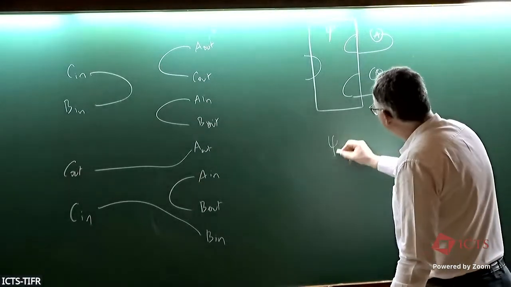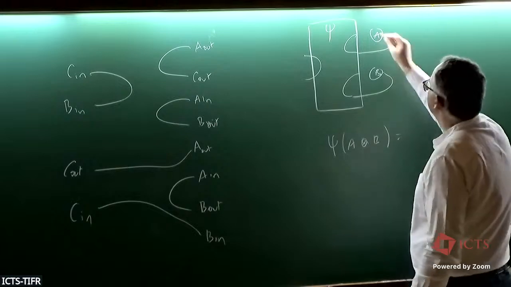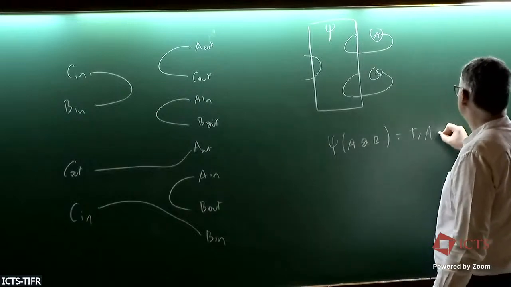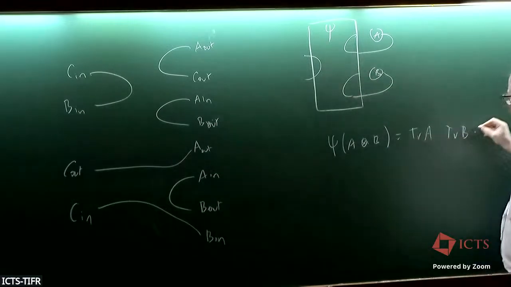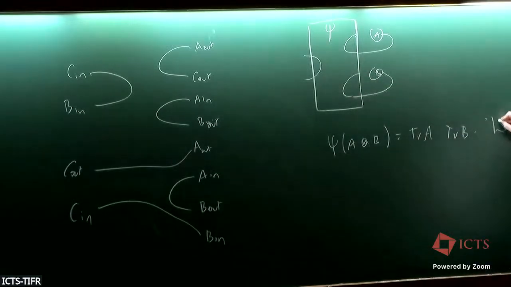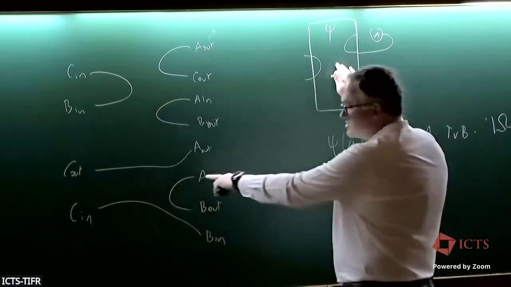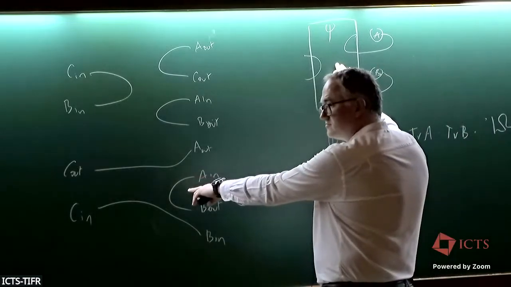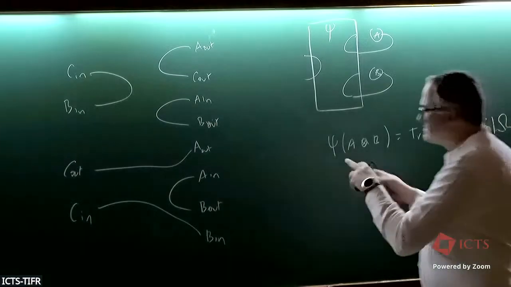So psi of A and B will be trace of A, trace of B, times this maximally entangled state. So it's not at all matrix multiplication if I use this picture. But if I use this picture, I get matrix multiplication. So one has to keep track of what space does what.